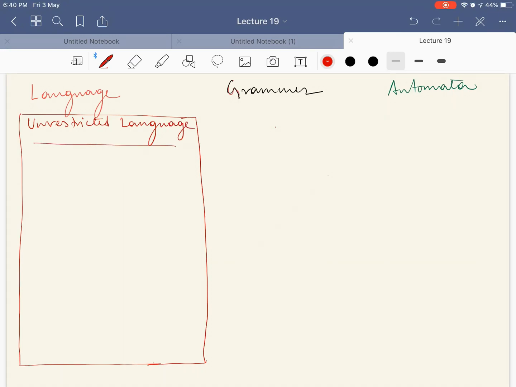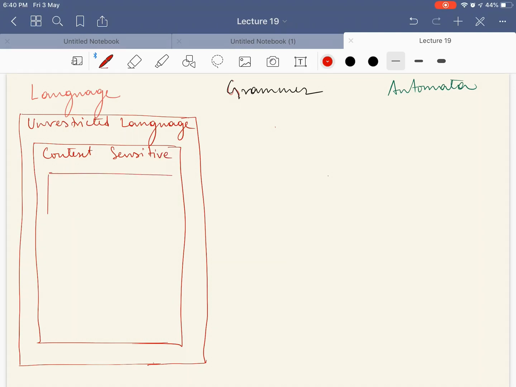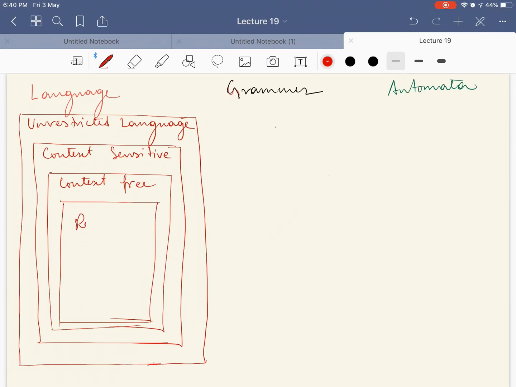Out of this unrestricted language, few of the languages are context sensitive. Out of this context sensitive, few of them are context free, and few of them are regular language.